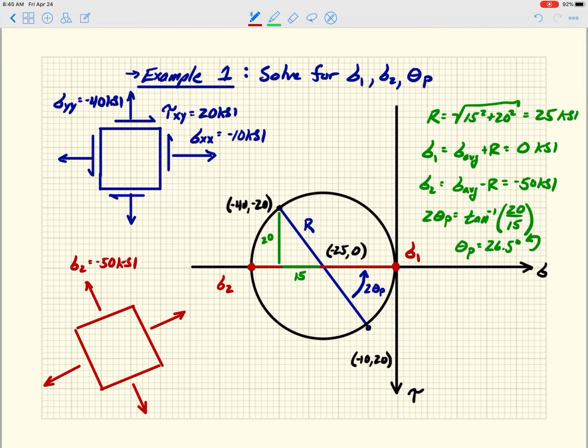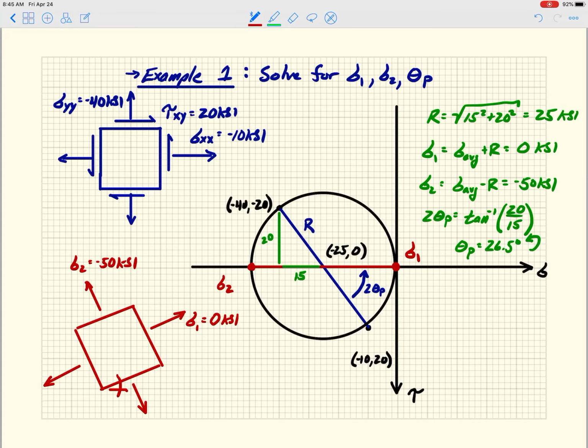And we know that sigma 2 equals minus 50 KSI, and sigma 1 equals 0 KSI. And we do not have any shear stress because it is a state of principal stress.